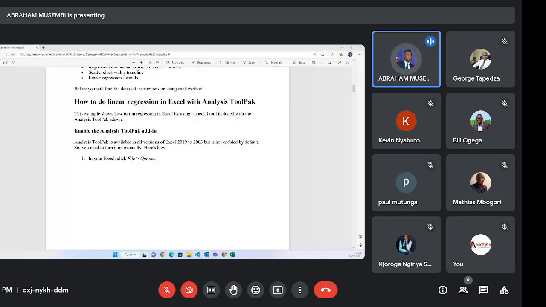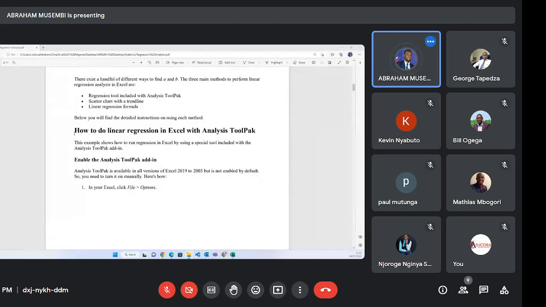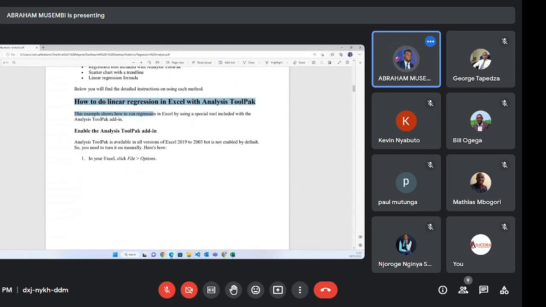So I was showing that I've done a summary of all the processes in a very basic way, for all the methods. We are here. I've already done the analysis toolpack, that is the regression analysis using the Excel analysis toolpack.